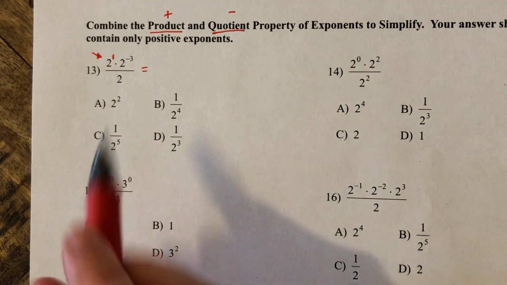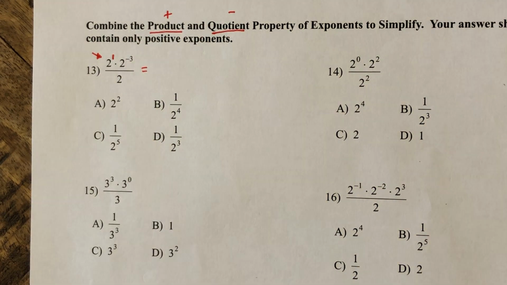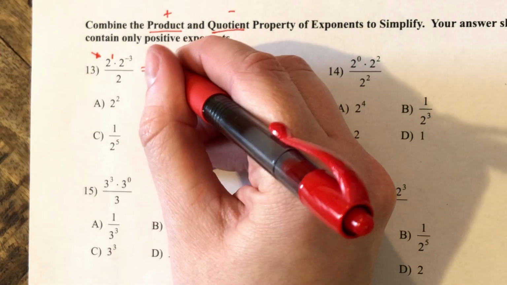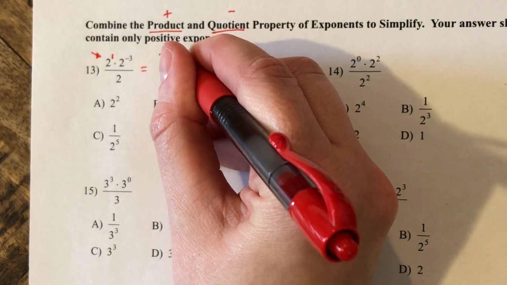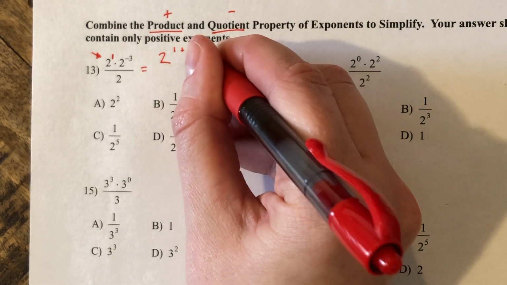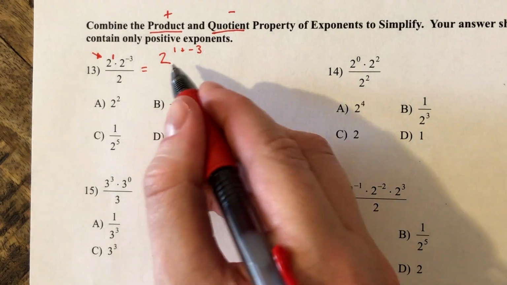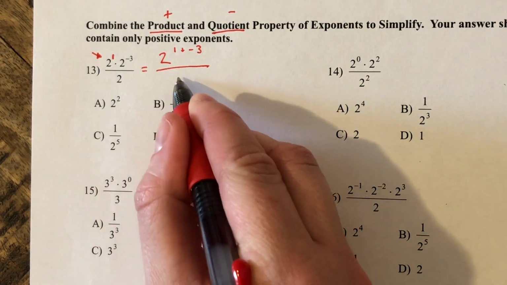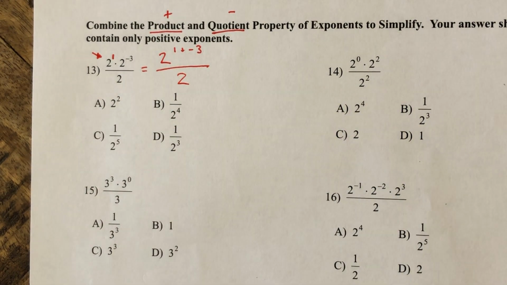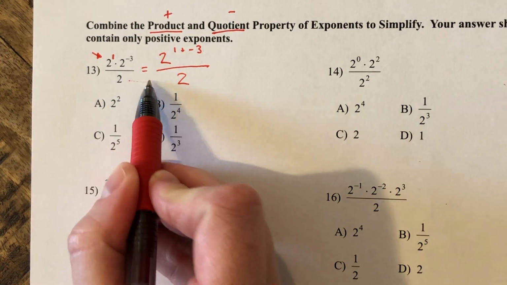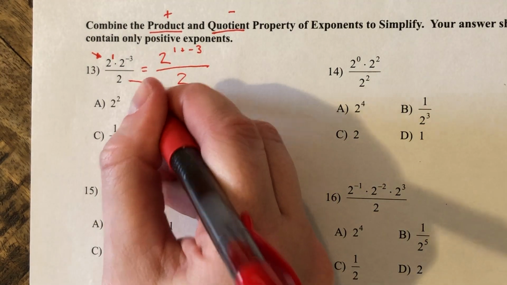Because I am multiplying my like bases, I am going to add my exponents. So I have 2 to the 1 plus negative 3. And all of this is still over the number 2. Where I got that directly from my problem.